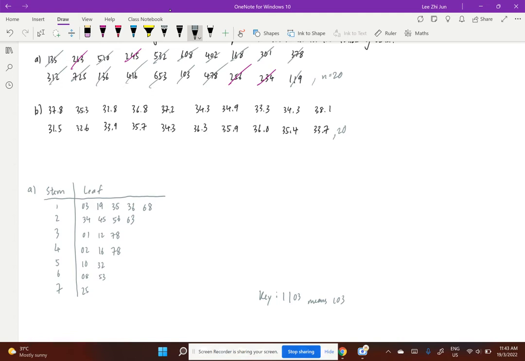So in ascending order, 31.5 is the minimum value. Later we will use 31.5 as the key. 31 is finished, so go to 32: 32.6, 32.8.